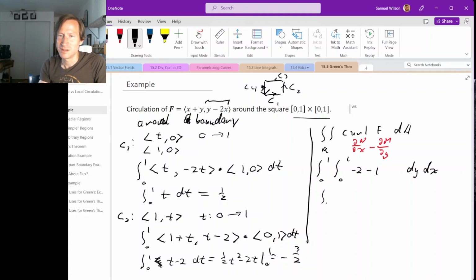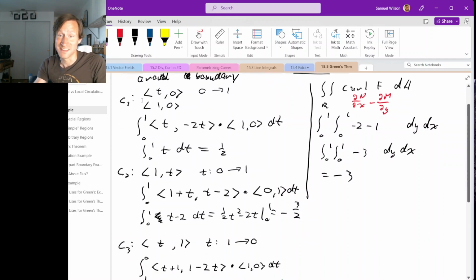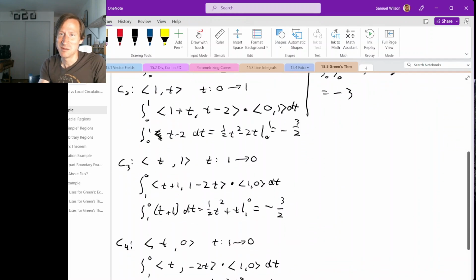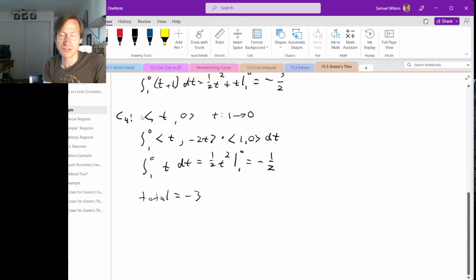So the double integral over this unit square of minus 3 dy dx is going to be minus 3. And look, it is the same, right? We got minus 3 integrating the curl over the interior of the square, and we also got minus 3 calculating the circulation of the vector field around the boundary of the square.